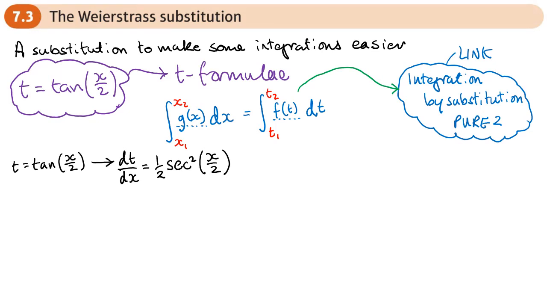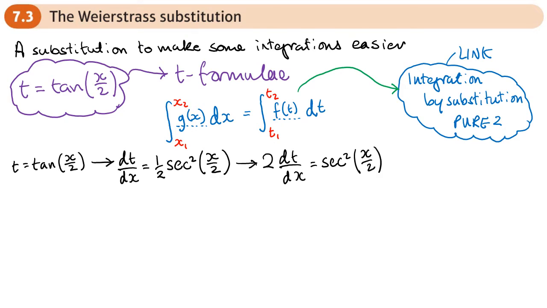And the rest of this is just rearranging to make dx the subject. So I'm going to multiply both sides by 2, so I get 2 dt/dx equals sec squared of x over 2.